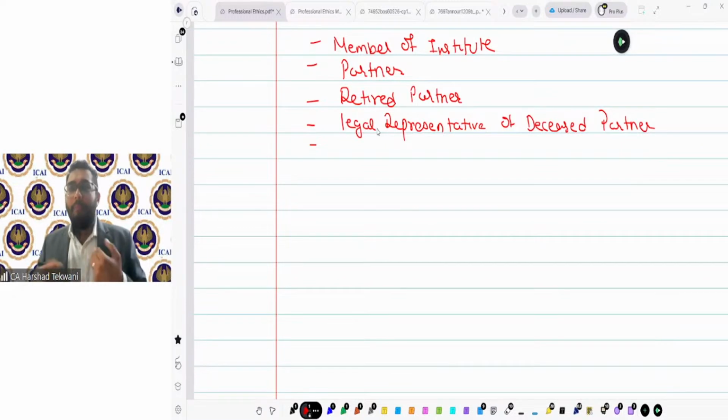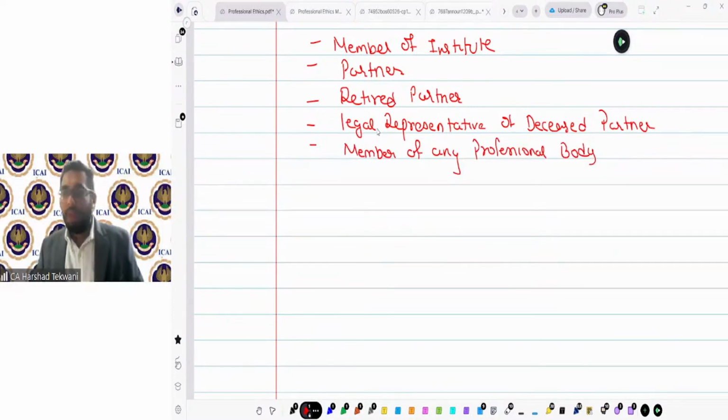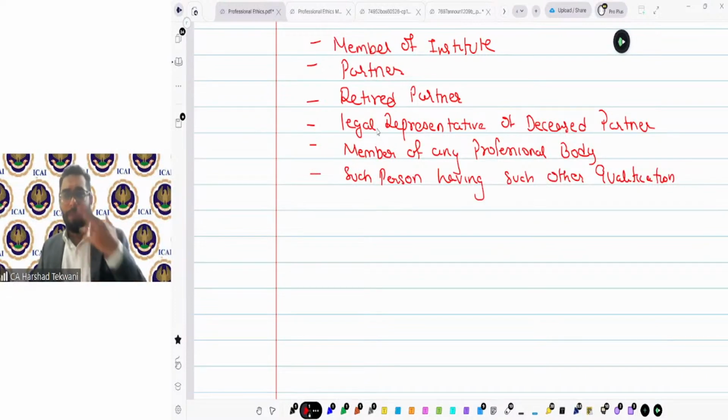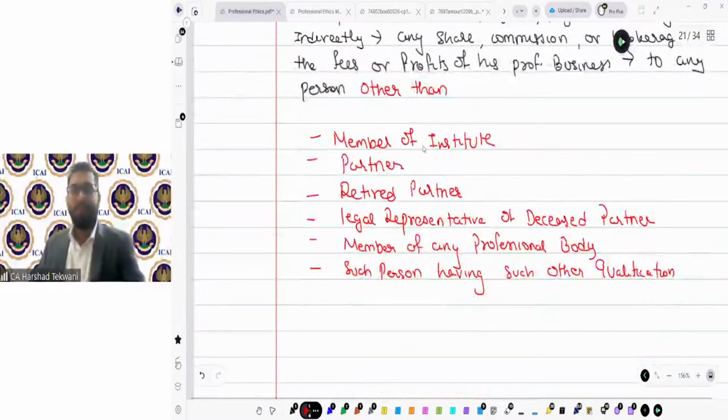Then a member of any professional body, which means one that is prescribed, or such other person having such qualification as prescribed, for the purpose of rendering service from time to time, within India or outside India. It covers both.